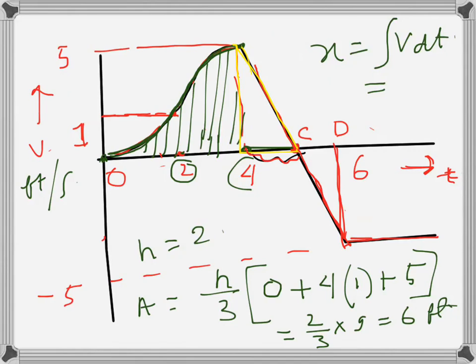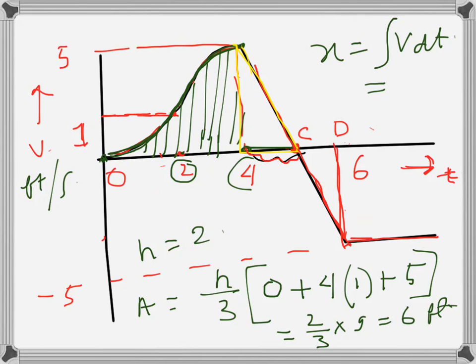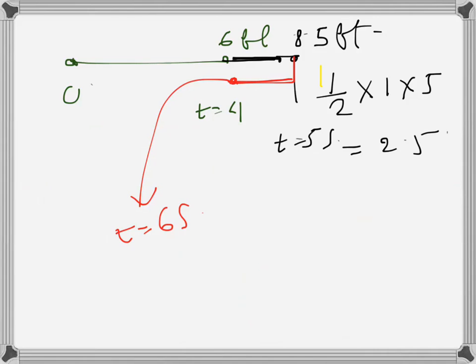So from C to D, for the next 1 second, at t equal to 6 seconds, it will go just another 2.5 feet, the same distance, because it's the same triangle. So here it has recovered that 2.5 feet.